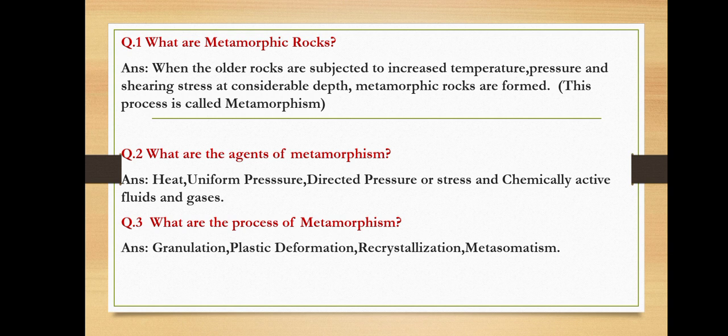Here, older rocks can be sedimentary rocks, igneous rocks, or metamorphic rocks themselves. And when these rocks undergo changes in temperature, pressure, and shearing stress at some considerable depth, then metamorphic rocks are formed.